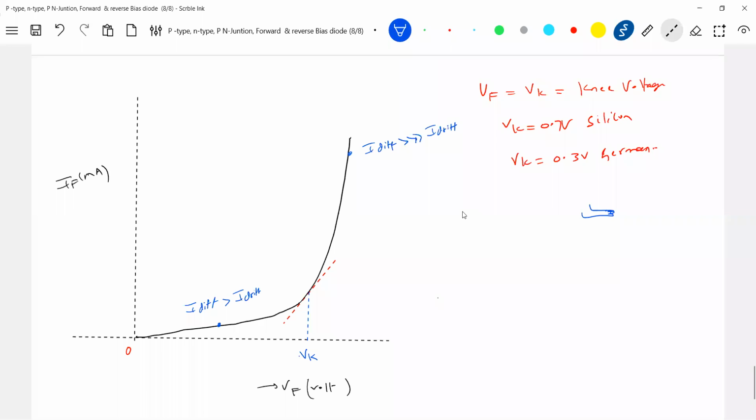Then you calculate the slope in this region. This is delta I, this is delta V. The reciprocal of the slope is called the forward resistance.